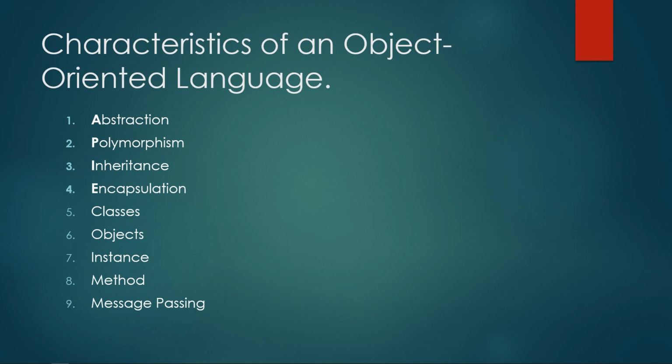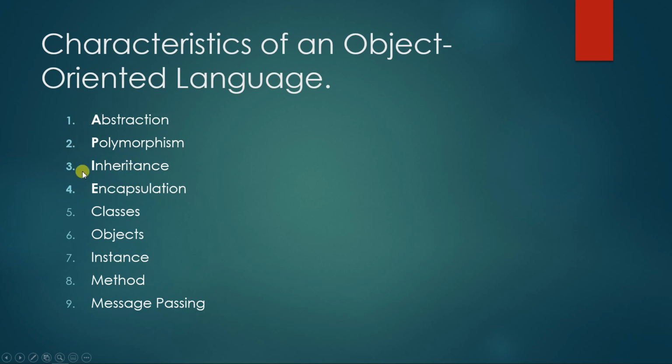Characteristics of an object-oriented language. As you can see, there are 9 characteristics that I was able to put on this slide. There could be more characteristics, but for now let's focus on these 9. The first 4 are very important: abstraction, polymorphism, inheritance, encapsulation.